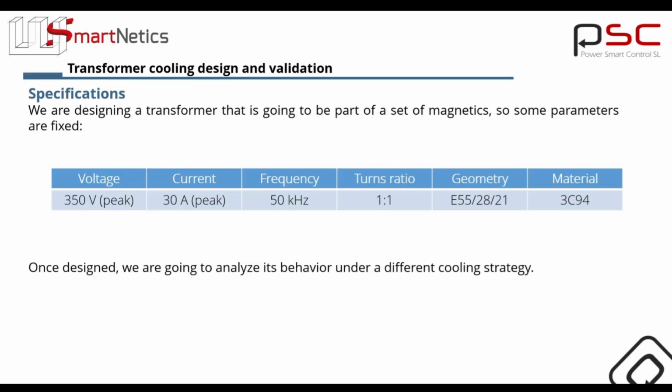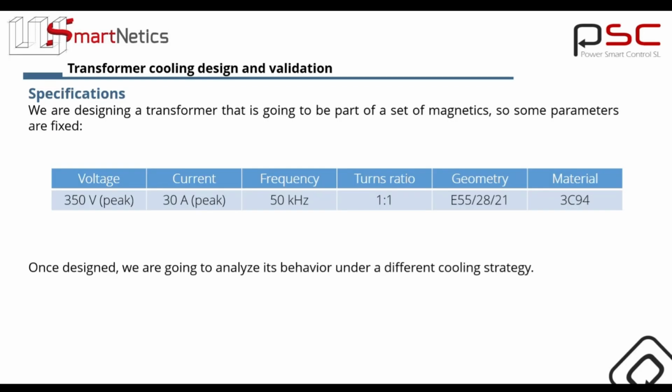I'm going to carry out an example of something we are currently doing in Power Smart Control, which is designing a transformer, which is not a single device itself. It's part of a set of magnetics we are designing. So the geometry and the material are set. We need to use this particular geometry and 3C94 material.